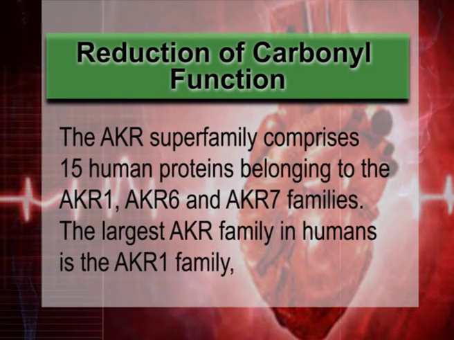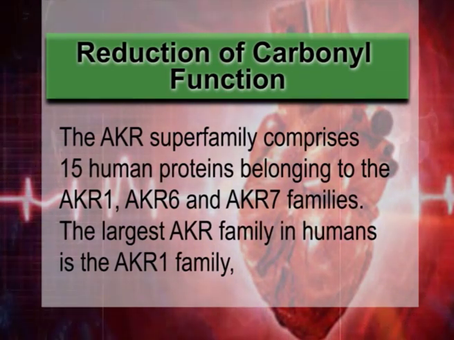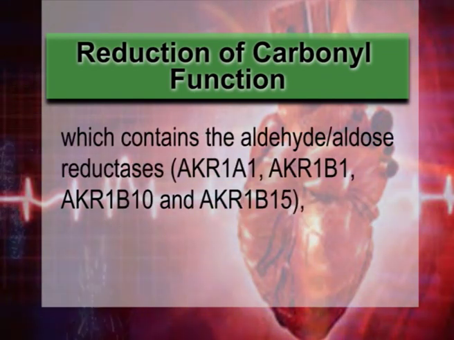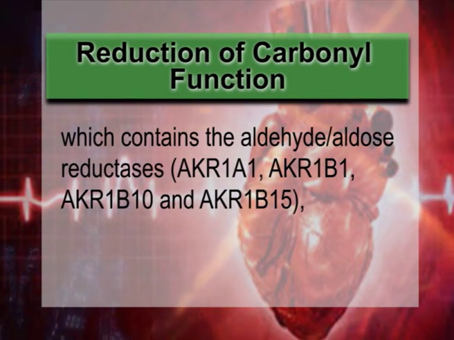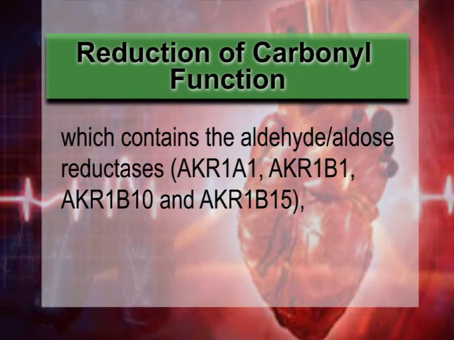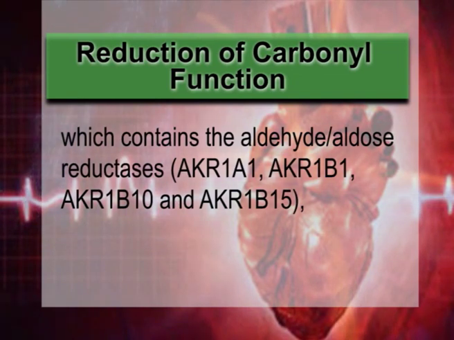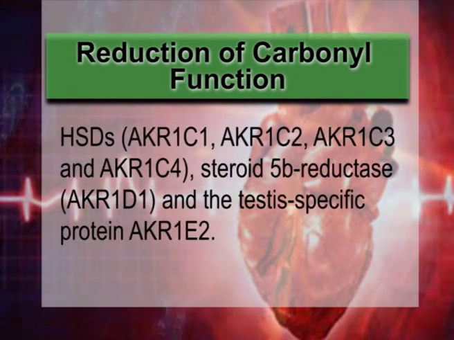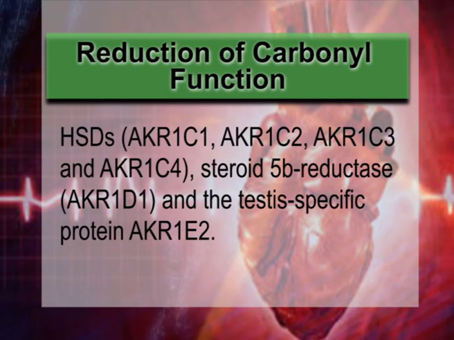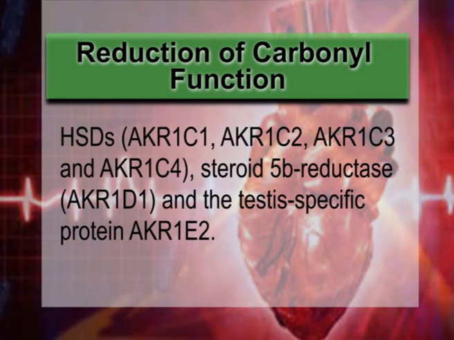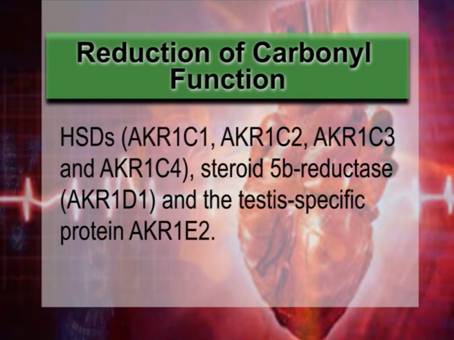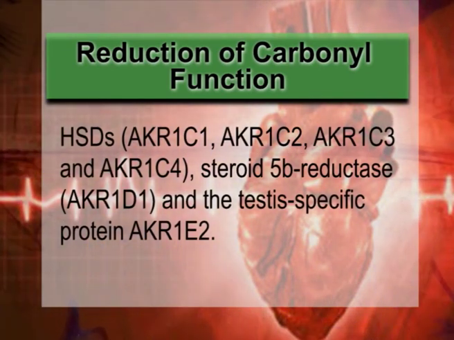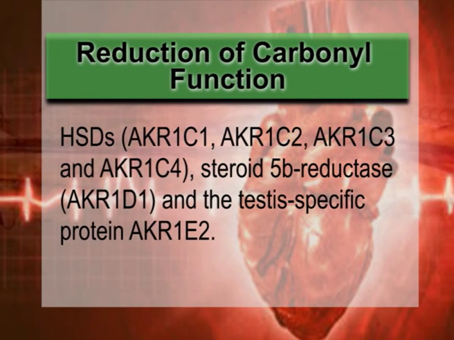The largest AKR family in humans is the AKR1 family, which contains the aldehyde or aldose reductases AKR1A1, AKR1B1, AKR1B10 and AKR1B15, HSDs AKR1C1, AKR1C2, AKR1C3 and AKR1C4, steroid 5-beta reductase AKR1D1 and the testis specific protein AKR1E2.